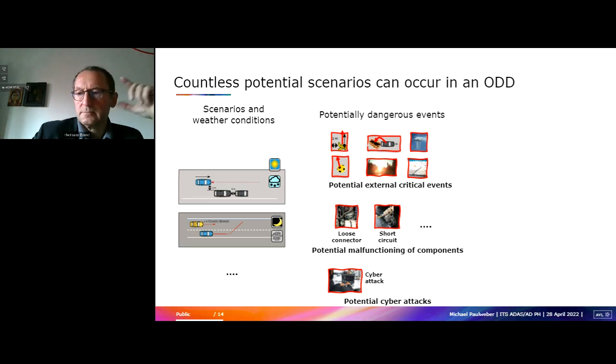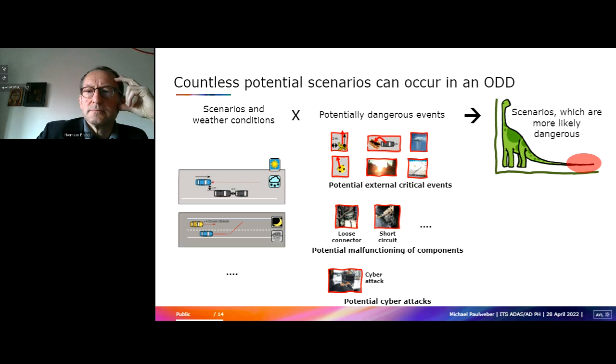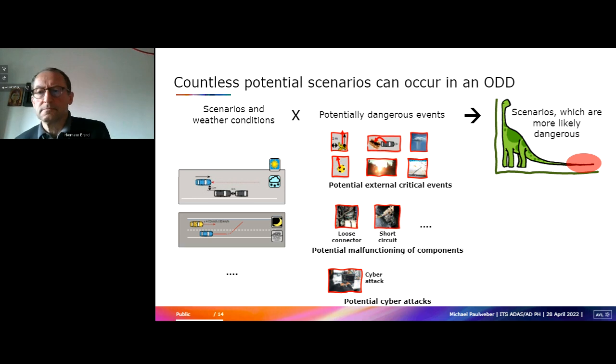So all this can be added and generated to get information about these very rare situations, because the more you combine, the less probable it will be, but nevertheless, it can occur, and you have to prove that you can handle it.